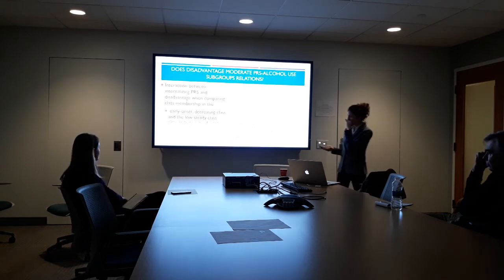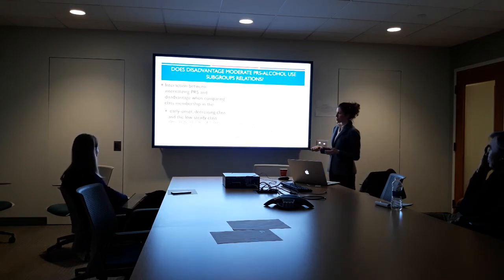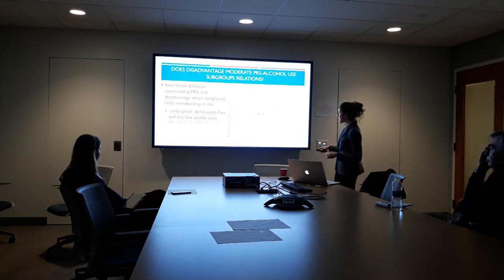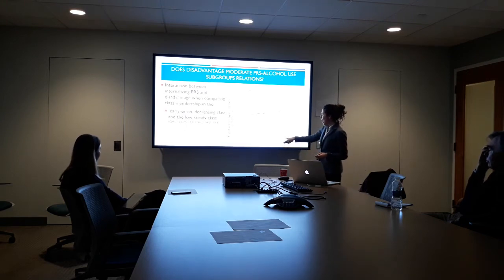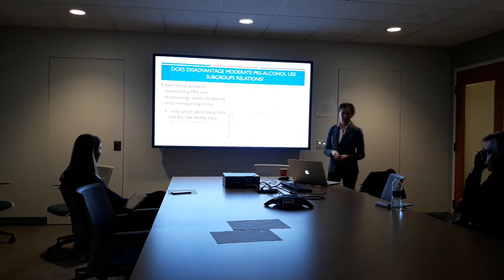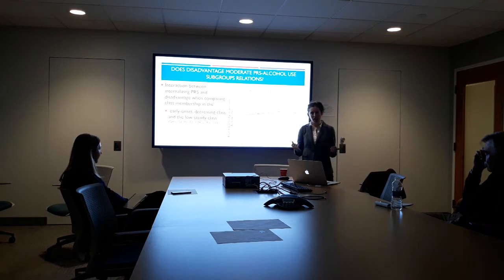So we also saw an interaction between the internalizing polygenic risk score and disadvantage when comparing class membership in the early onset decreasing class and the low steady class. Specifically, individuals with a higher internalizing polygenic risk score, when exposed to higher levels of disadvantage, are more likely to be in this early onset decreasing class. And so, going back to what we were saying, we know that in disadvantaged communities it may be easier to get alcohol.